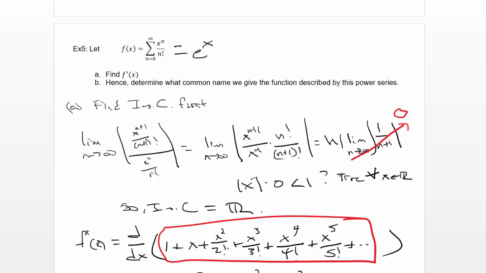Polynomials are way easier to find exact values of than these bases that are irrational. So since we have this expansion, we can use it to find powers of e, and this is exactly what your calculator is doing in the background.